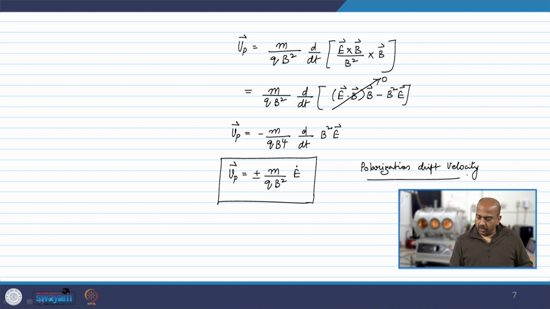Right. So, we can rewrite this expression using the gyration frequency omega c as qB by m, into this expression, and we can write Vp is equals to plus minus 1 by omega c B times E dot.